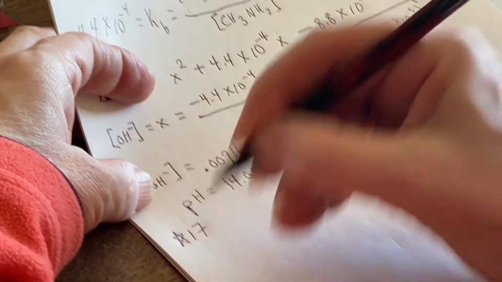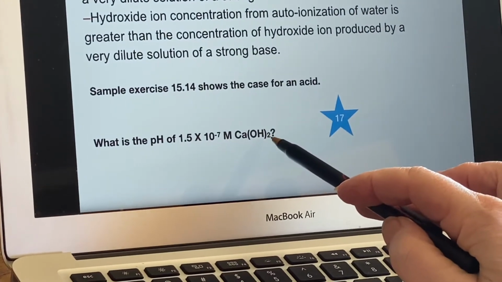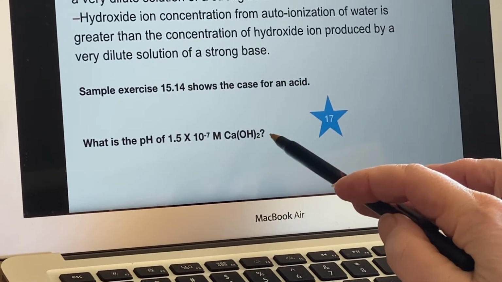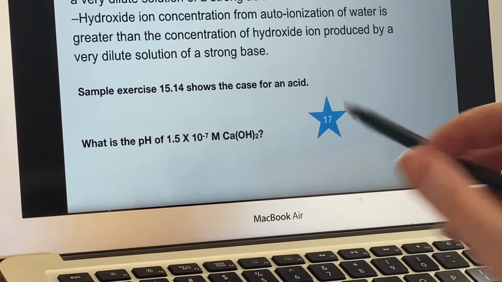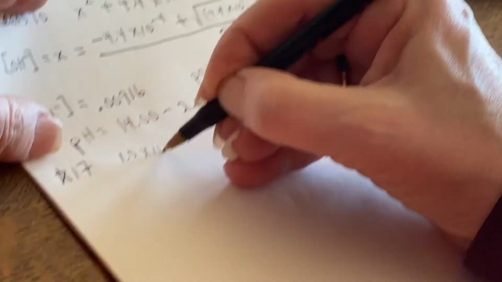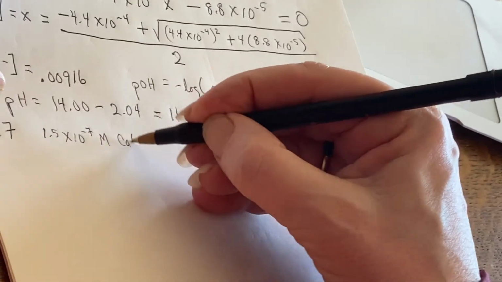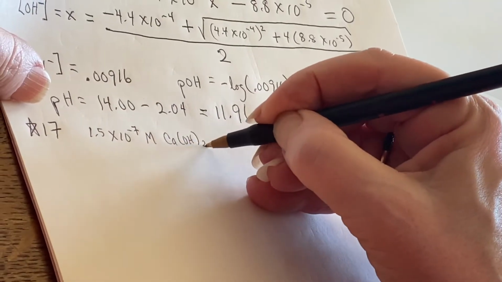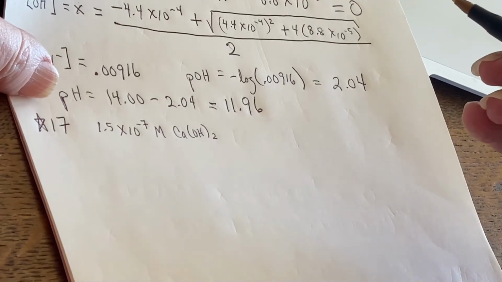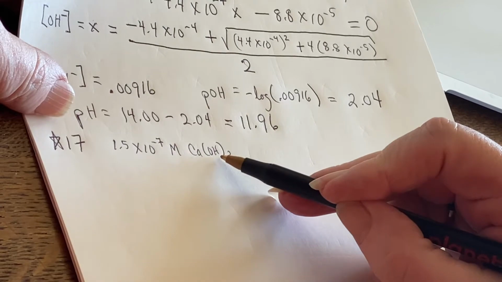So what are we doing in number 17? Well, it says it's calcium hydroxide. It's going to completely dissociate, right? They said it was 1.5 times 10 to the minus 7 molar calcium hydroxide. But I have to remember that it is going to fall apart and form 2 hydroxides.